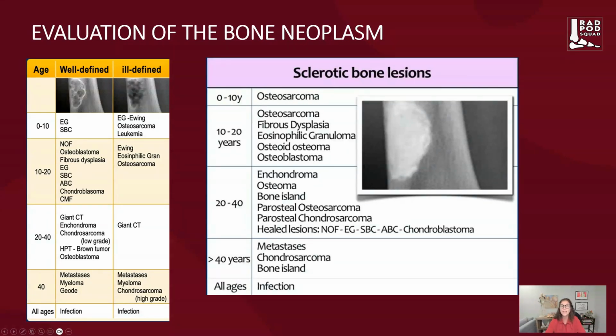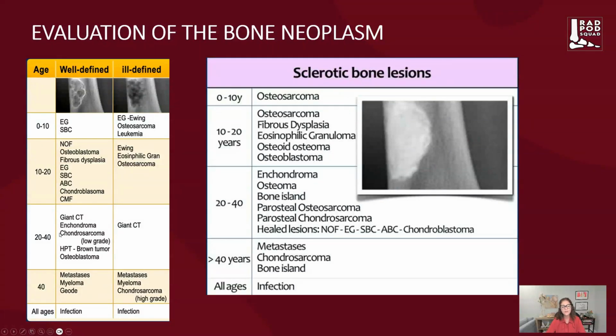We're in the lytic bubbly lesion category: osteoblastomas, fibrous dysplasia, eosinophilic granuloma, simple bone cysts, aneurysmal bone cysts, chondroblastomas, and even chondromyxoid fibromas. Notice in the ill-defined category, Ewing's remains, and so does osteosarcoma. So from around 15 years old, these adolescents can still be at risk for Ewing's and osteosarcoma and eosinophilic granuloma.